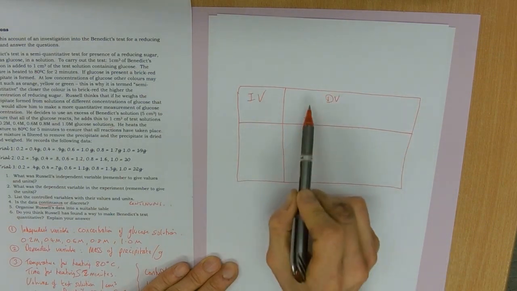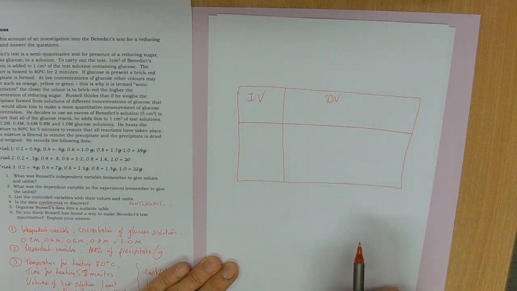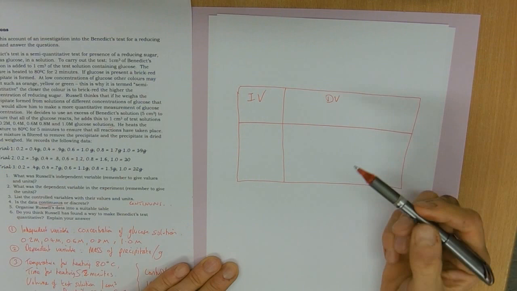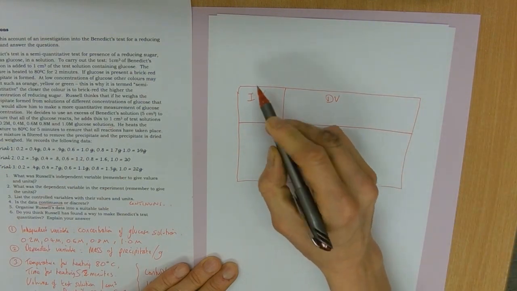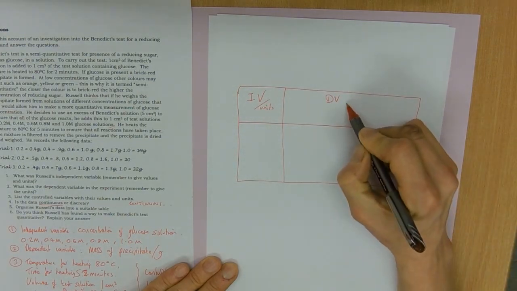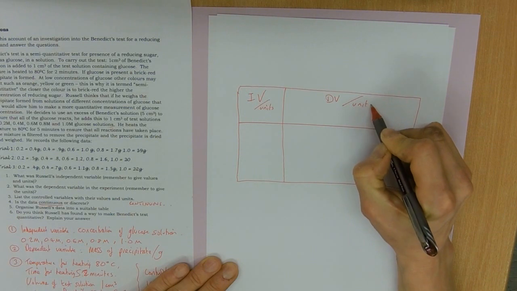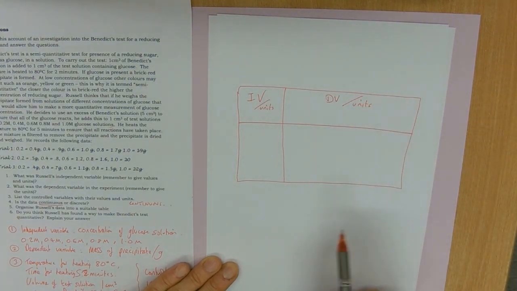So we've got independent on the left, and on the right, labelled at the top, we've got our dependent variable. We would have a slash, it tells what the units are.